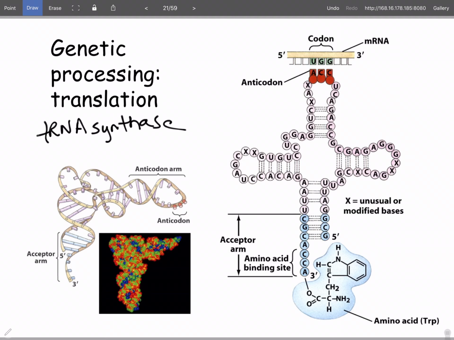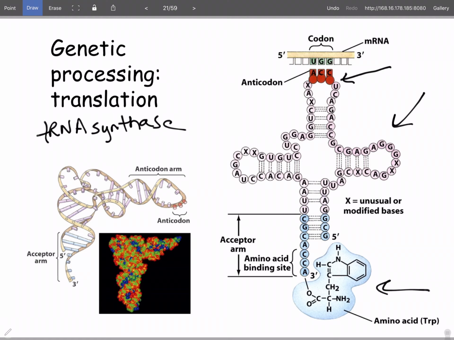And so here we see what tRNAs look like. If you draw them out with their base pairing, they look like a clover leaf with a whole bunch of stem loops. They usually have one arm that has something called the anticodon, which can base pair with the codon specifically, right? But at the other end, they have an acceptor arm, which is an amino acid binding site.